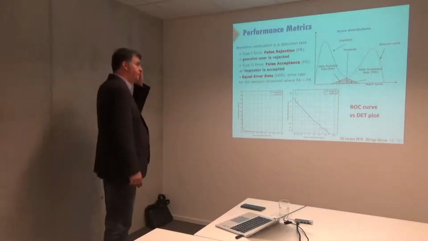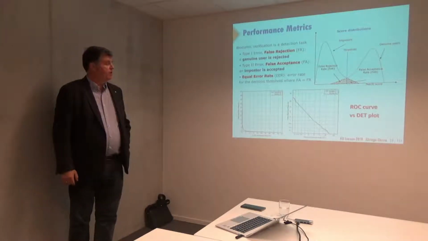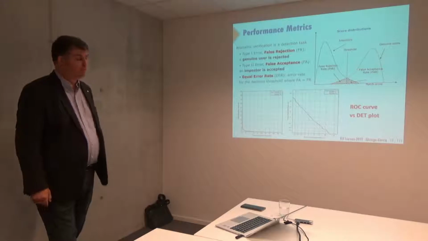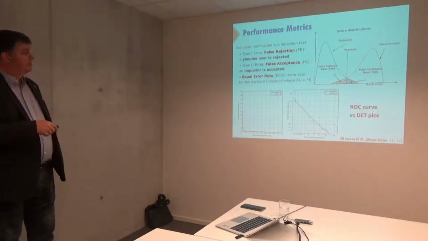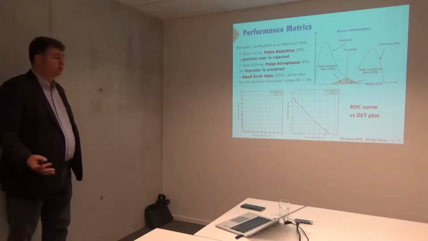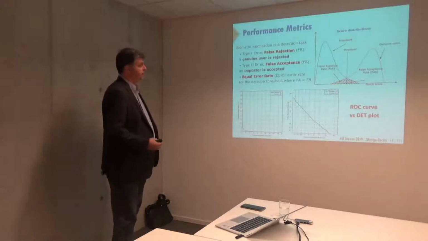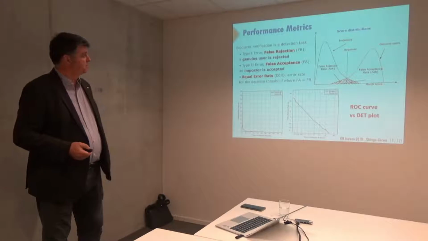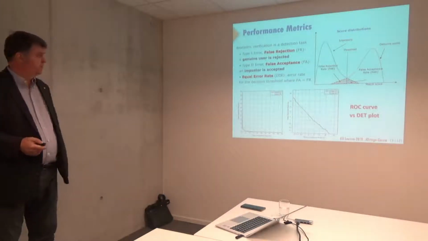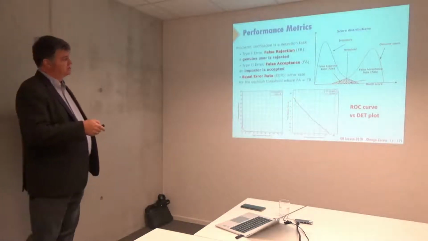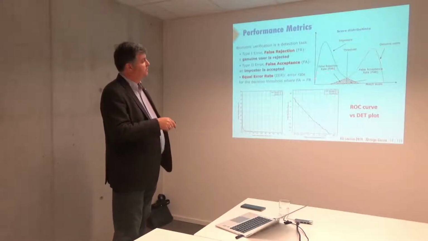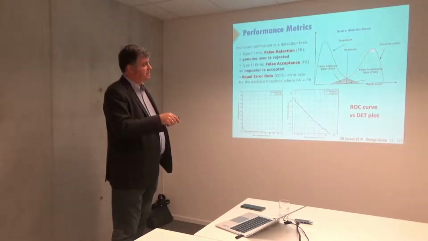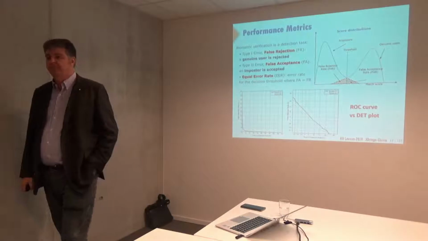What are the performance metrics? For a verification system, normally we talk about type 1 error or false rejection: a genuine user is rejected. Type 2 error or false acceptance: an imposter is accepted. And you have these distributions here, false rejection and false acceptance.